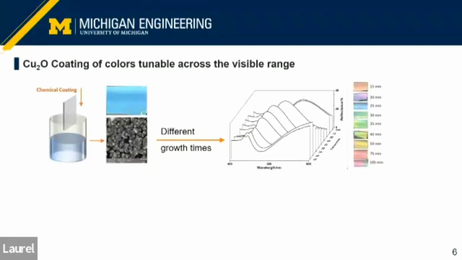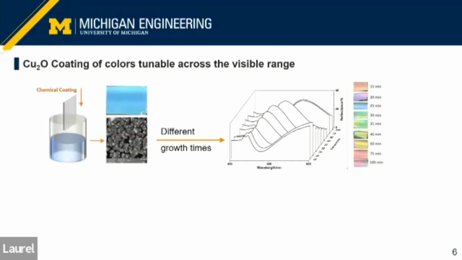Moreover, it is not able to produce just a single type of color. Under different growth times, it can create a series of colors across almost the whole visible range. This is very unusual, because previously to achieve different colors we usually needed to design different complicated materials, but here we just need to vary the growth time. The colors include yellow, purple, blue, green, yellow again, and even red.